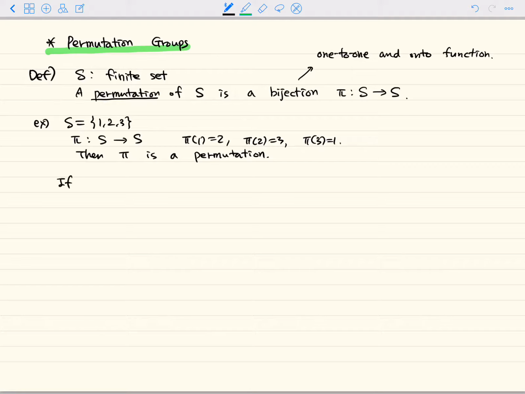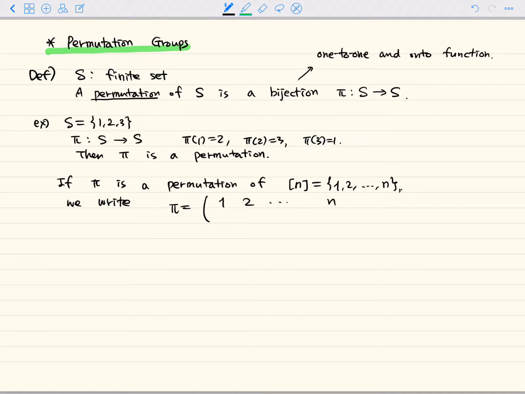So if pi is a permutation of the set [n], where [n] is a shorthand for the set of integers 1, 2, 3 up to n, then we write pi like a matrix, a 2 by n matrix, like this: 1, 2, ..., n on top and pi(1), pi(2), ..., pi(n) below.